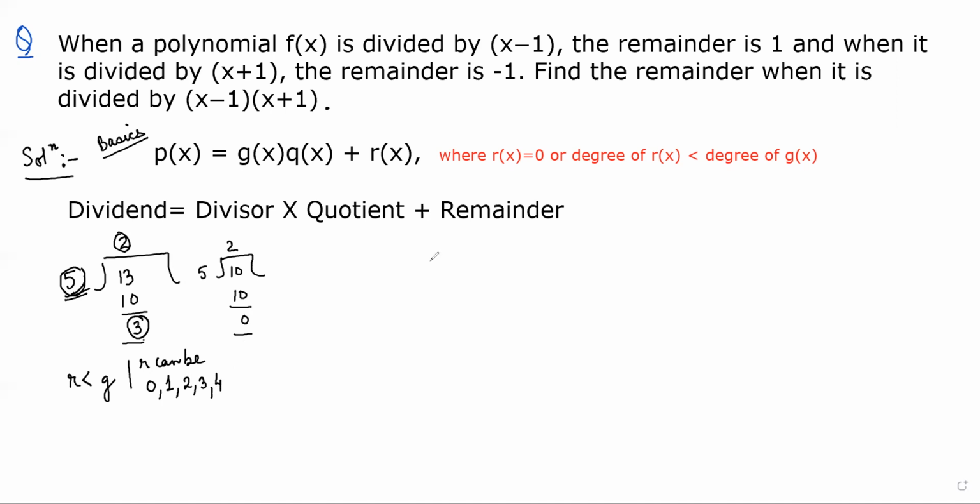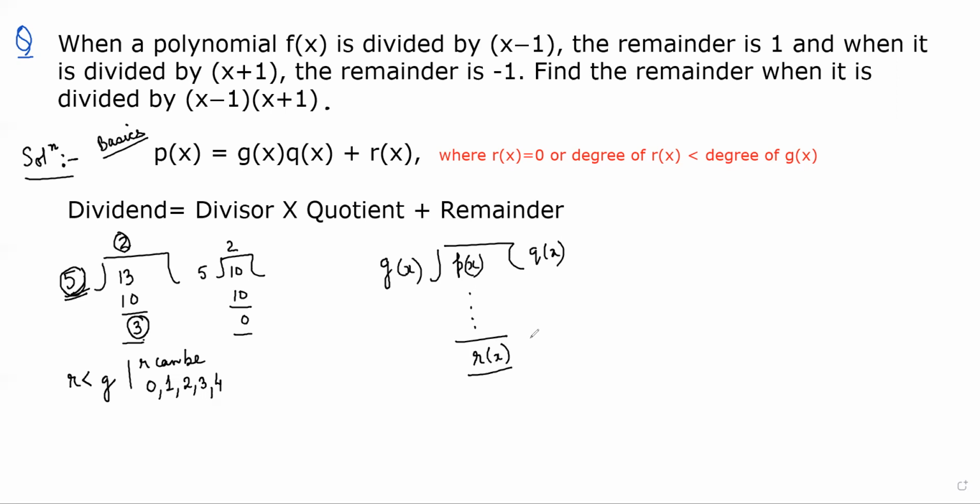In the same way, let us say we divide a polynomial by another polynomial g(x). There will be some quotient q(x), and then there will be some remainder r(x).